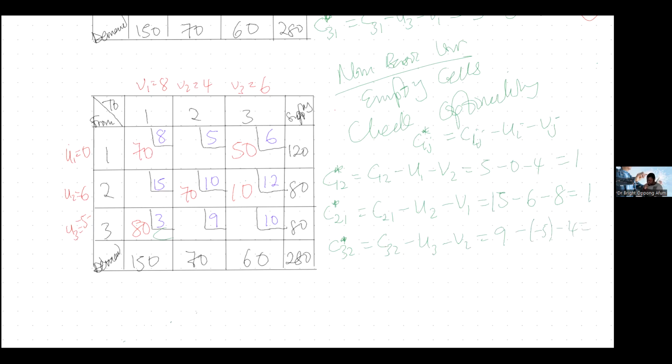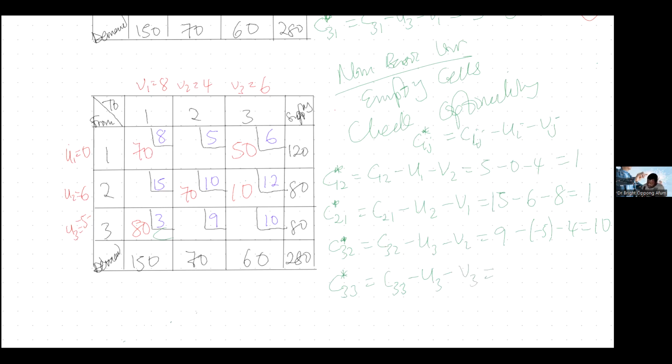So this is actually going to give us 9 plus 5 is 14, minus 4, and that is 10. At this point, we should be celebrating because we are not seeing any negative value for our net cost change, and therefore we are getting closer to not doing the next iteration, which is good for us.